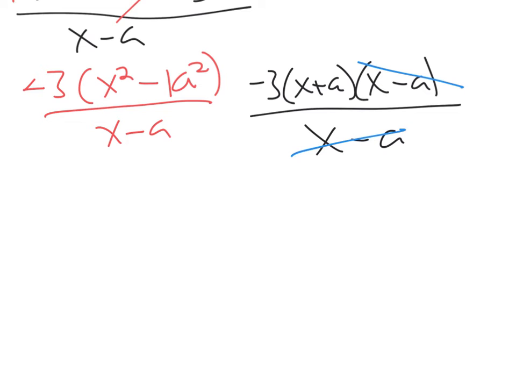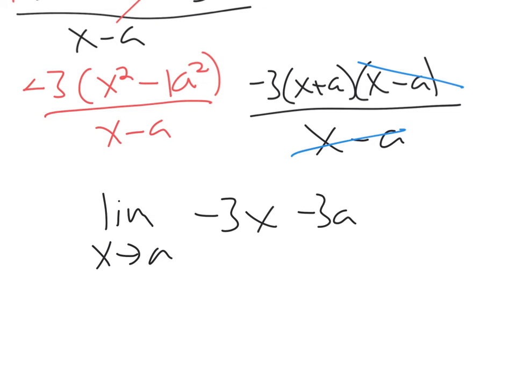That's where the discontinuity gets removed. Then I'm going to take the limit as x approaches a of negative 3x minus 3a. Well, as I distribute and take the limit, plug in a, so negative 3a minus 3a is negative 6a. Negative 6a is what the derivative is.